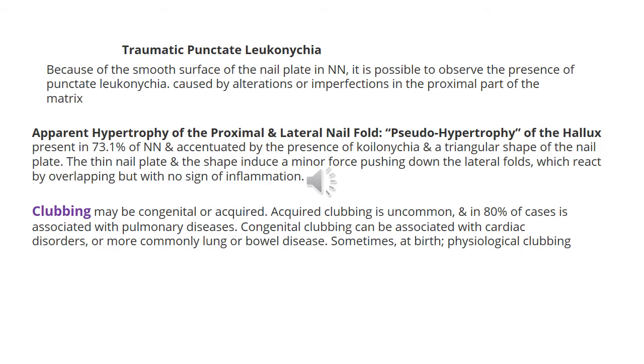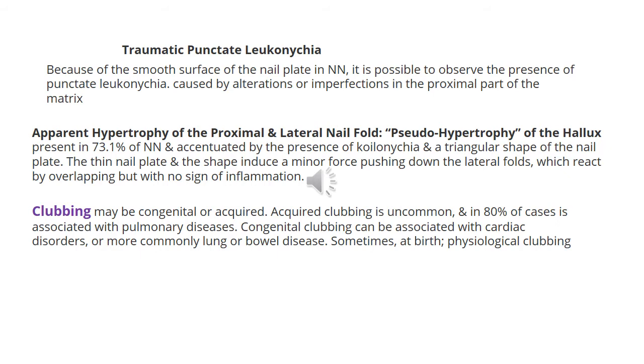It is possible to observe the presence of punctate leukonychia caused by alteration or imperfection in the proximal part of the matrix. Sometimes there is apparent hypertrophy of the proximal and lateral nail fold, pseudohypertrophy of the hallux, present in 73% of newborns, around 3/4, accentuated by the presence of koilonychia and triangular shape of the nail plate.